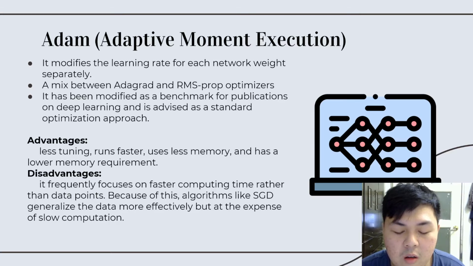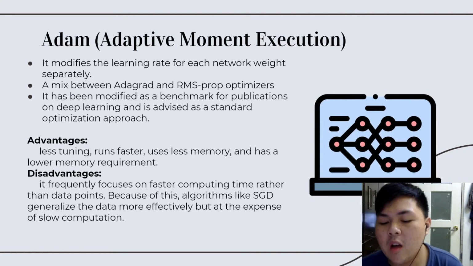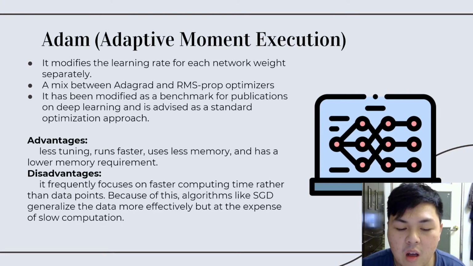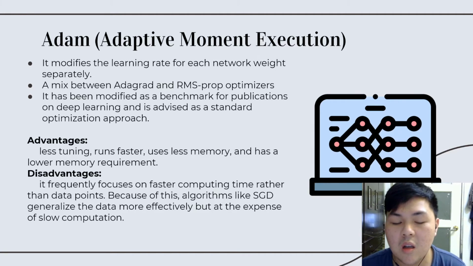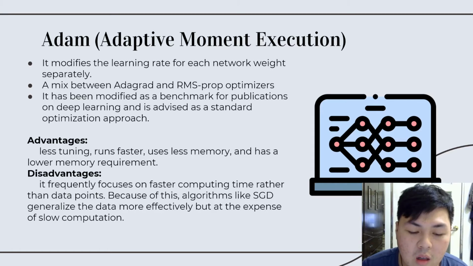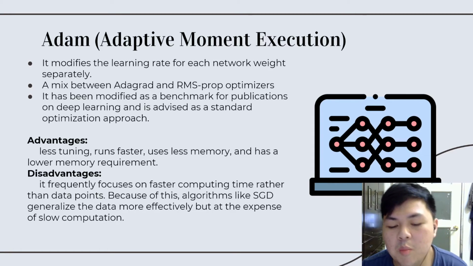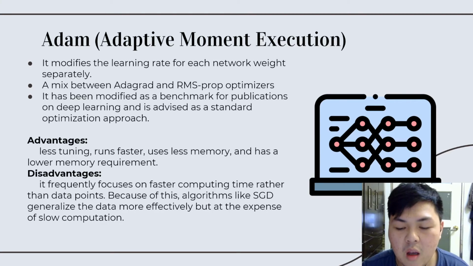The designers of ADAM are aware of the advantages of the AdaGrad and RMSprop algorithms, which are two other stochastic gradient descent extensions. As a result, the features of both AdaGrad and RMSprop are integrated by the ADAM optimizer.